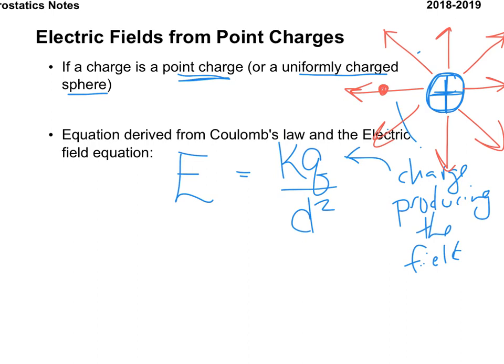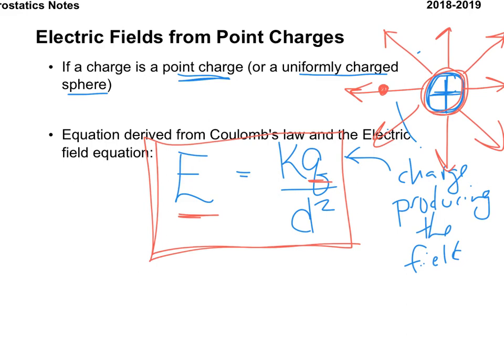Which way is it going to be pushed? How strong is that push going to be? Basically, when I place a positive charge somewhere out in space or a negative charge, I'm going to modify the space around that object. This equation will allow me to predict how a single charge modifies the space around itself.